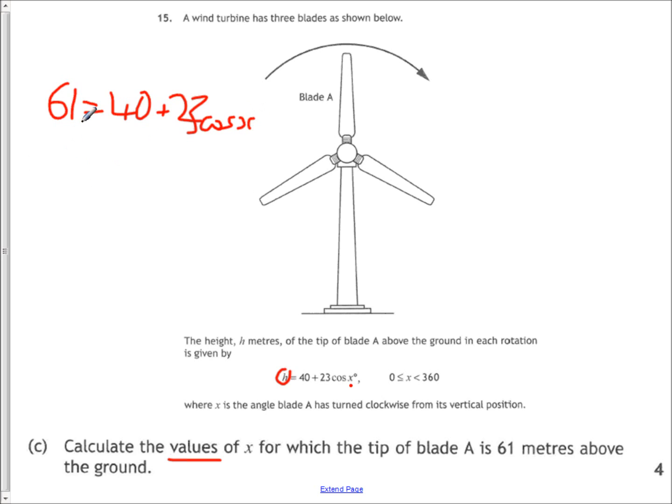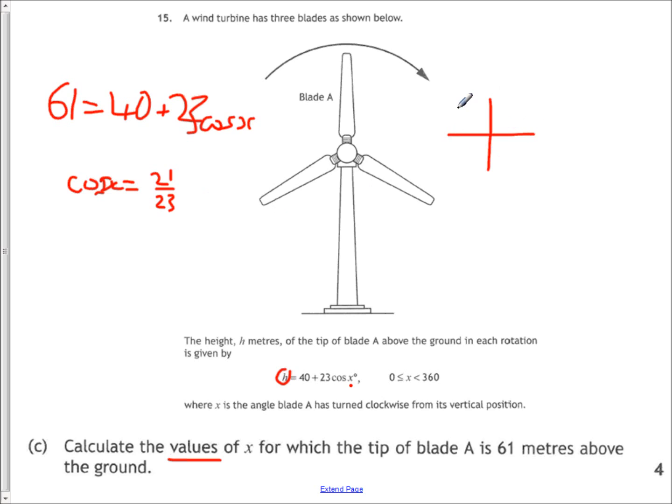Rearrange that and take 40 away from both sides and divide everything by 23, and you end up with cos of x is equal to 21 over 23. So you've got a trig equation, cos of x is equal to 21 over 23.